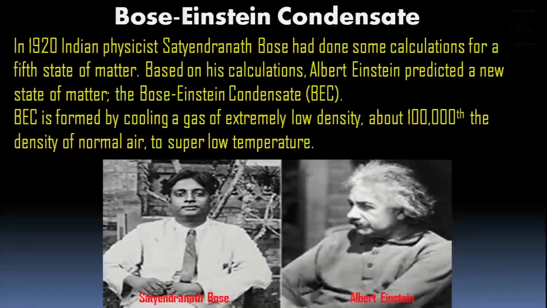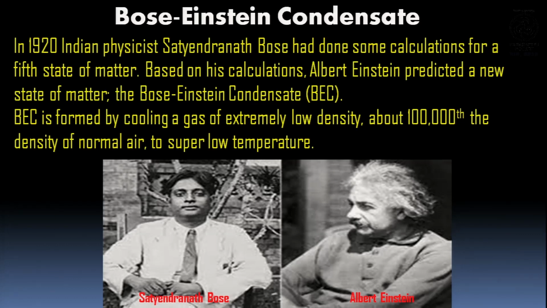Now, let's learn about the fifth state of matter. That's beyond your course, but I want that you should know this also. In 1920, Indian physicist Satyendra Bose had done some calculations for a fifth state of matter.